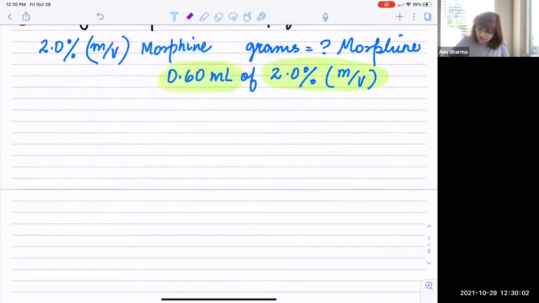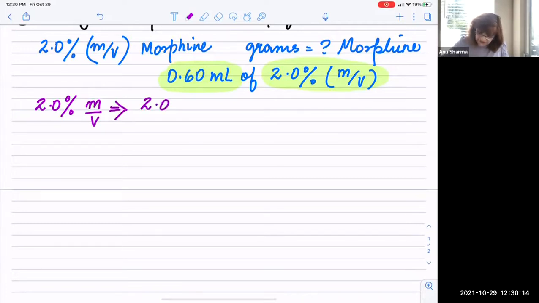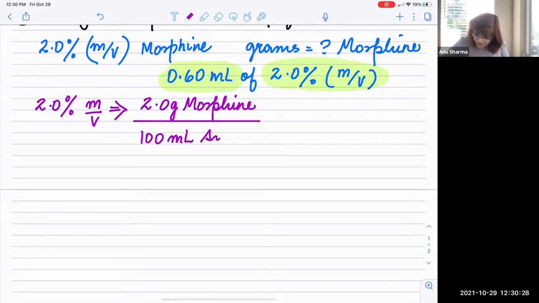The solution to this problem lies in 2.0% mass by volume. What does this mean? Create a conversion factor of that. This means that 2.0 grams of morphine is present in 100 milliliters of solution.